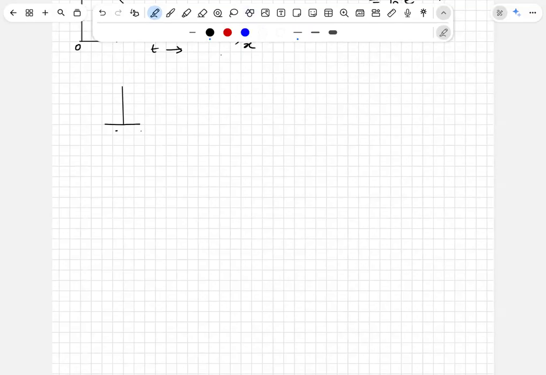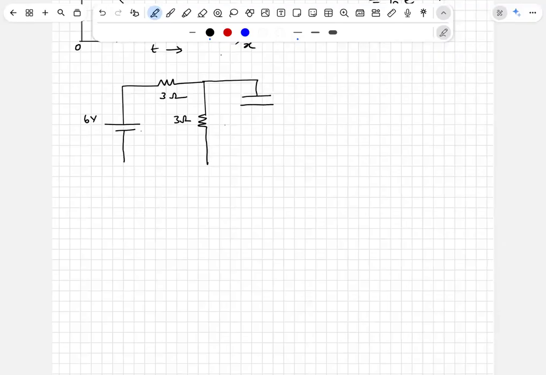You have a battery whose EMF is 6 volts and resistance 3 ohms, another resistance 3 ohms, a capacitor of capacitance 1 microfarad, initially uncharged, and this is 6 ohms. That's how your circuit is.